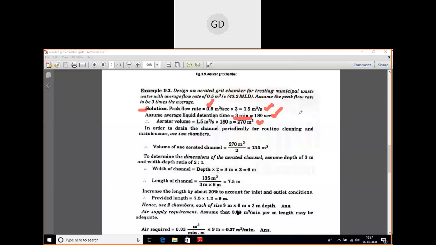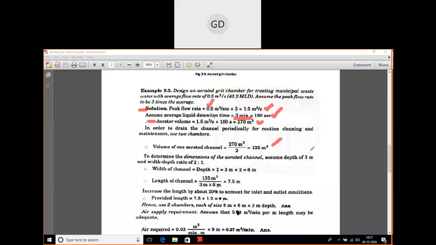This aerator volume is for two channels, so to find the volume of each channel you divide it by 2, and get 135 meter cube.